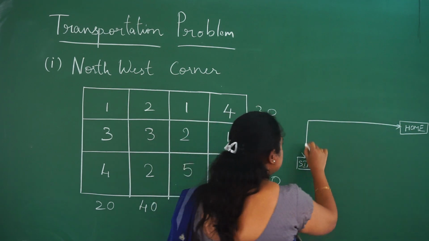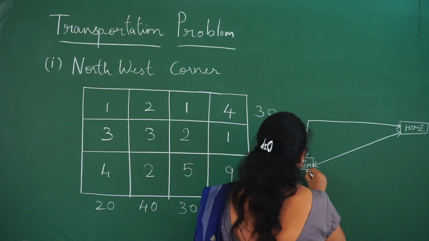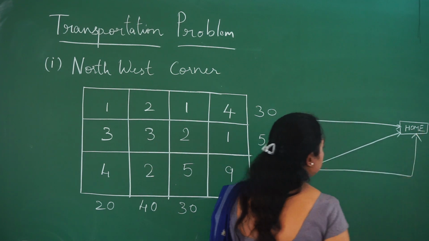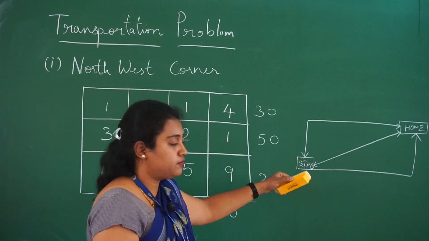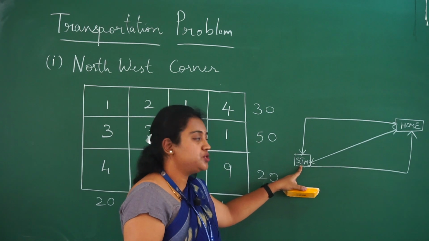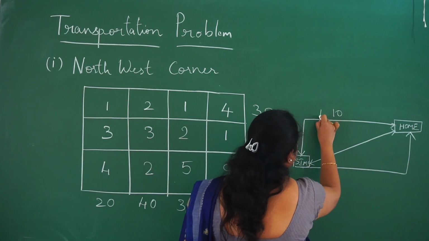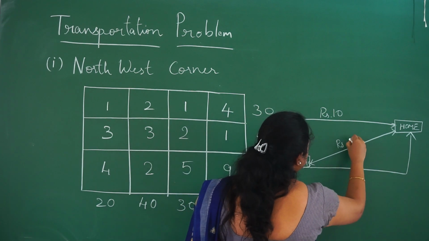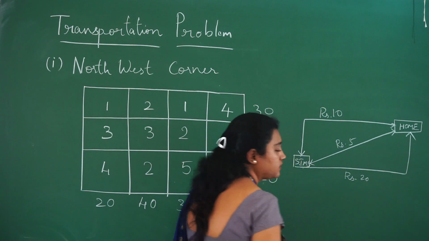This is one direction, this is another path, and this is another path, where each path takes a different cost. If you are traveling through public transportation, this path will take you nearly 10 rupees, this path will take you nearly 5 rupees, and this path will take you 20 rupees.